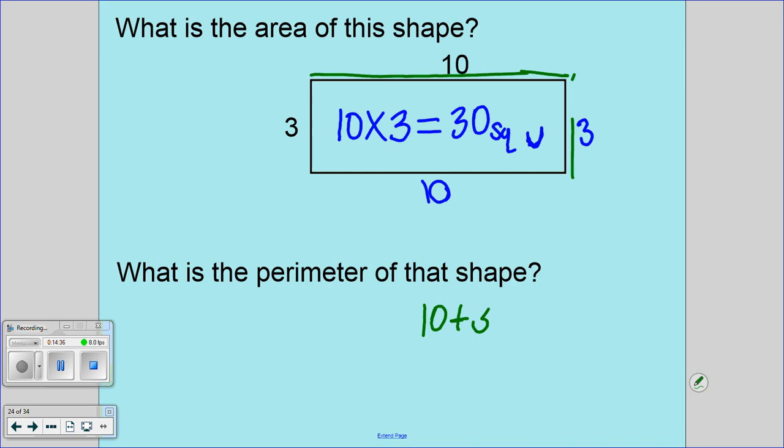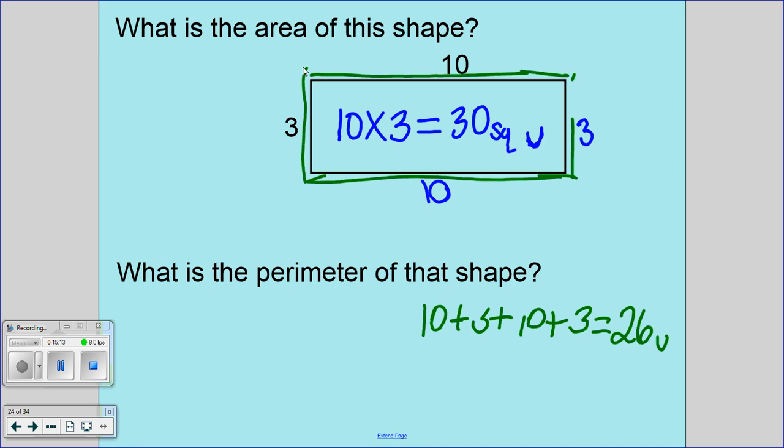Plus 10. Plus 26. Did I use whole squares? Oh, no. It says units. Just units.